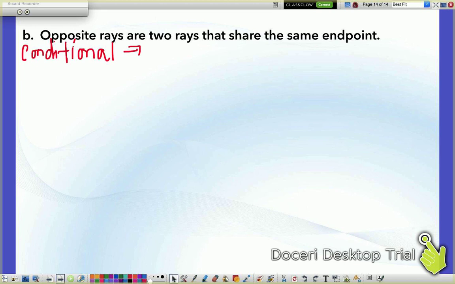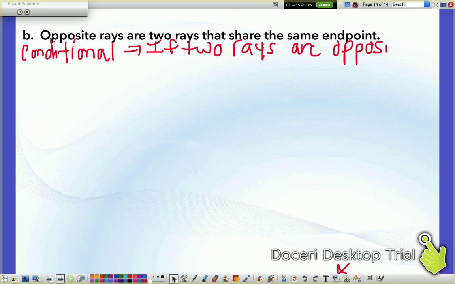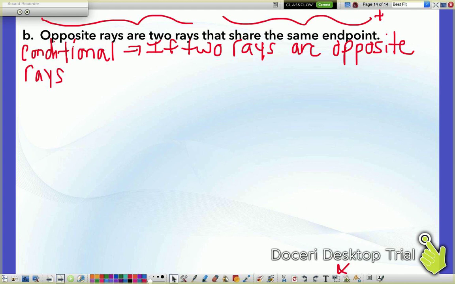So, if 2 rays are opposite rays, okay, so here's my if, here's my then.